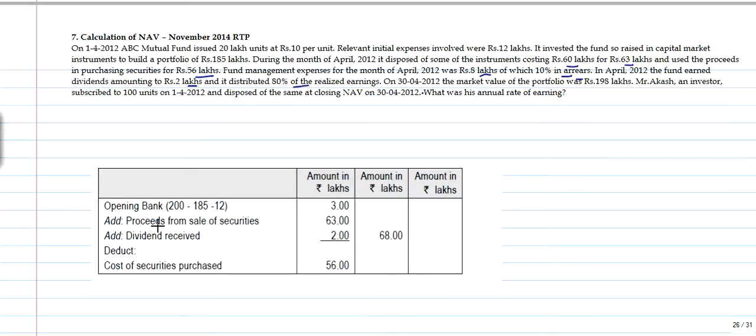On 30th April 2012, the market value of the portfolio was 198 lakhs. Okay, it is less. 198 lakhs. Mr. Akash, an investor, subscribed to 100 units on 1/4/2012 and disposed of the same at closing NAV on 30th April 2012. What was his annual rate of earnings?